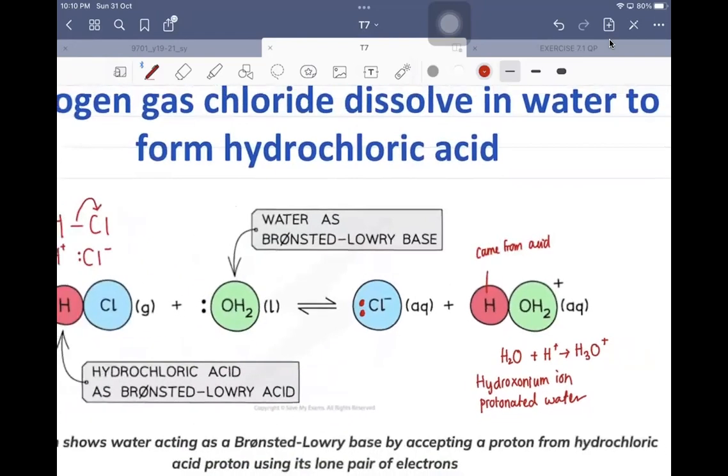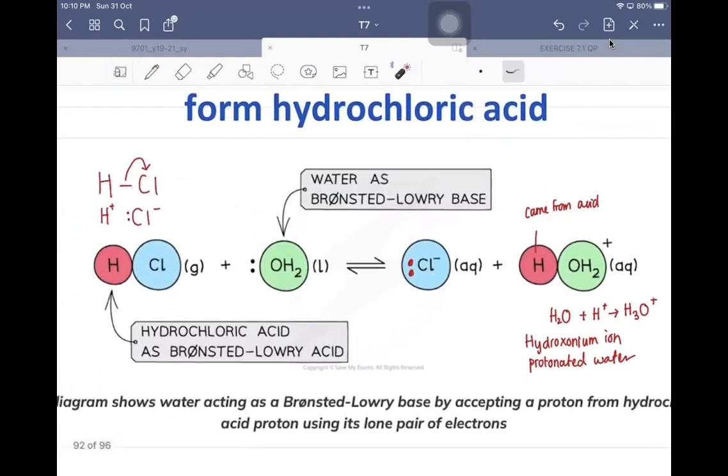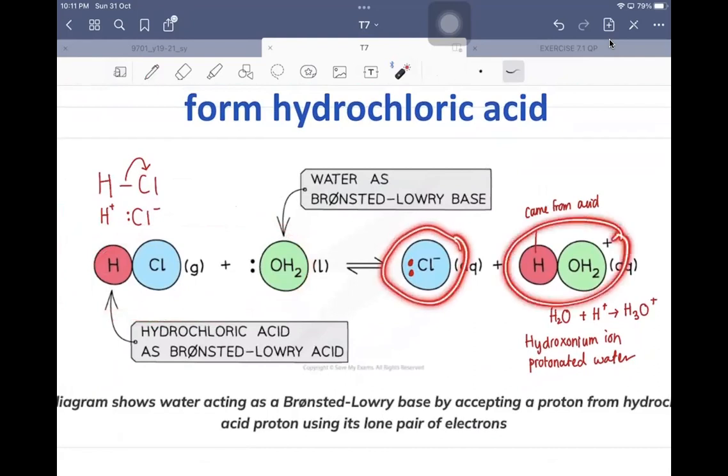If you notice, on the left side, no charges, neutral, right? On the right side, I have charges, negative and positive, but nicely they cancel out. So overall, my equation is balanced and also neutral.